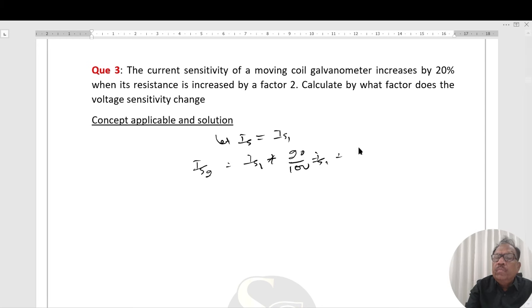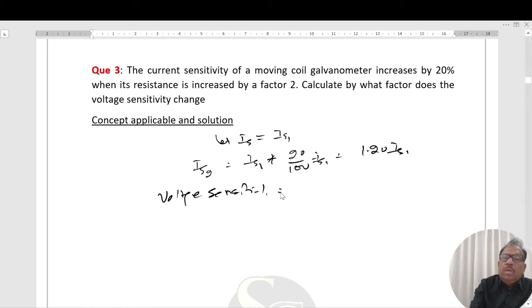This comes out to be 1.20 IS1 finally. Similarly, voltage sensitivity VS1 initially is IS1 over R. This is the equation.